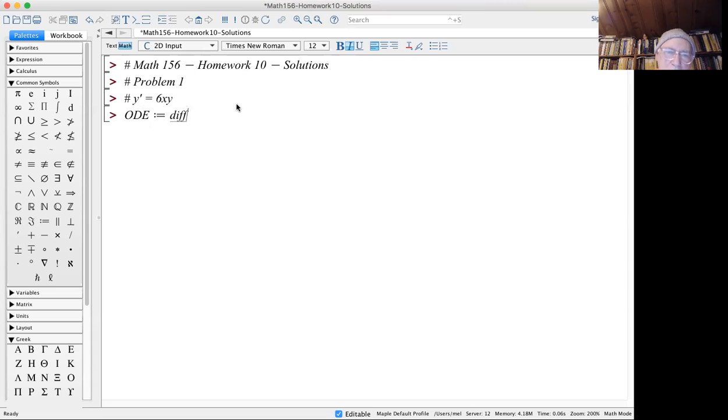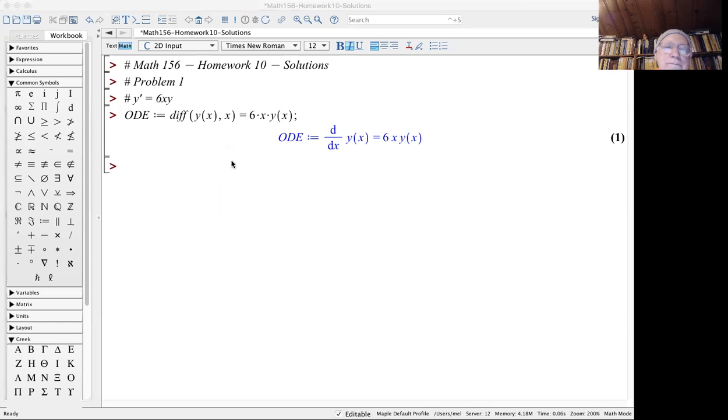It's diff for differentiate, or derivative of y of x with respect to x. This is the first derivative, equals 6 times x times this unknown function y of x. That's the differential equation we're being asked to solve.